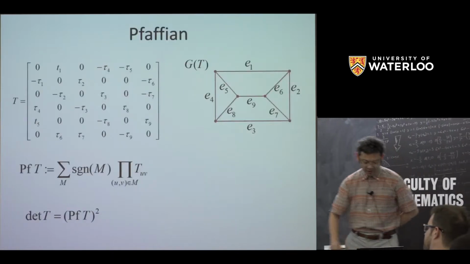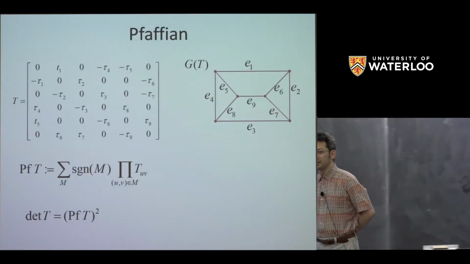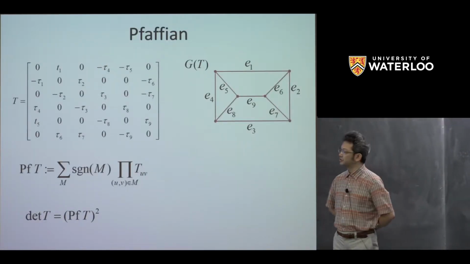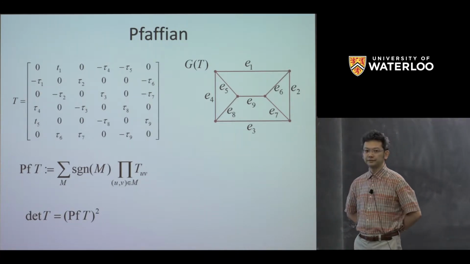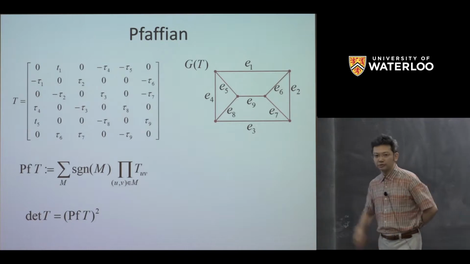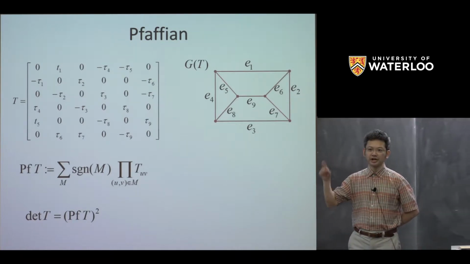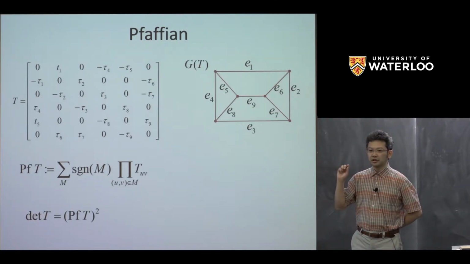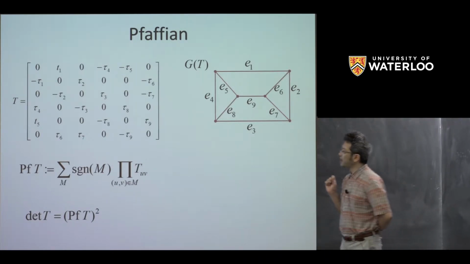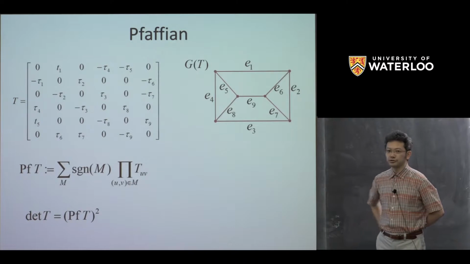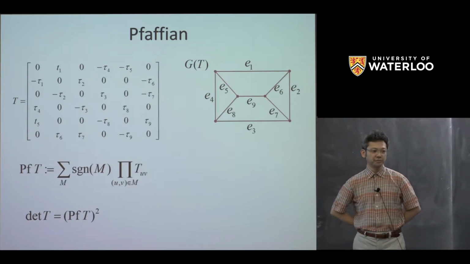Okay, so let me start the story from the Pfaffian. Given a skew symmetric matrix T, we want to construct a graph G of T in such a way that the row set, which is identical to the column set, is considered as a vertex set. Each edge in this graph corresponds to a non-zero entry in the skew symmetric matrix.